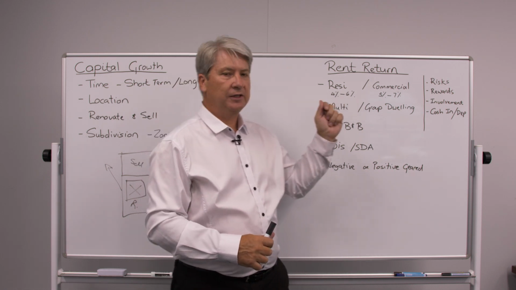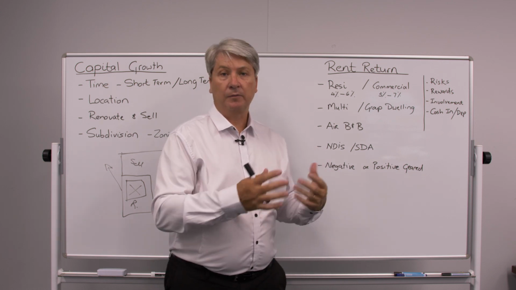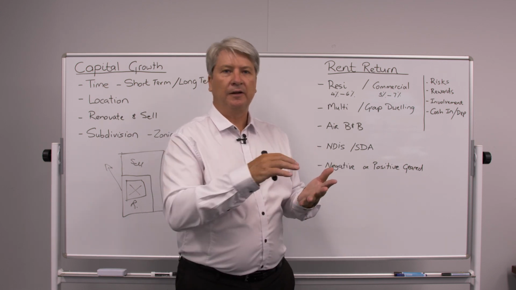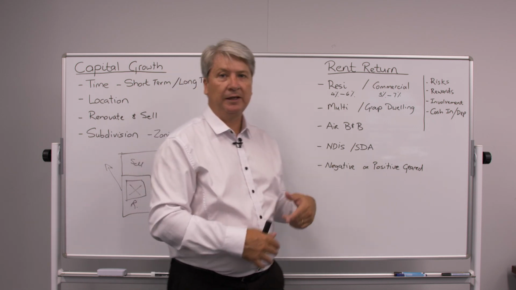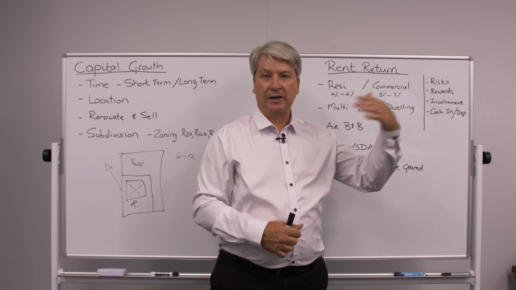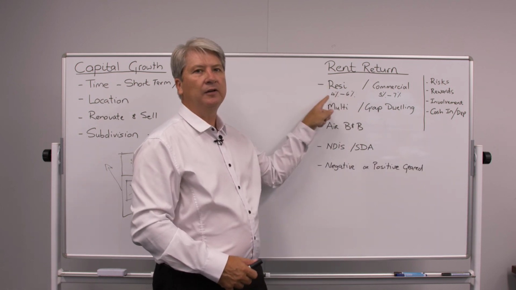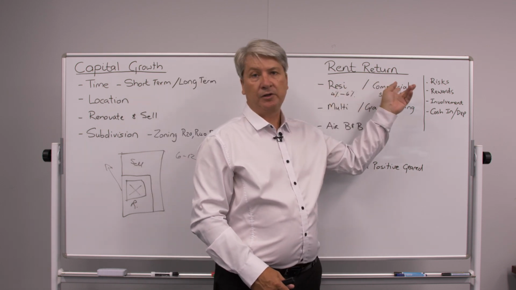That's why I say 4 to 6%, which means about $25,000 to $28,000 a year rent return. But then you've got to deduct the rates and taxes, the property management fees, and some costs. Yes, you could possibly negative gear and receive some money back as a tax incentive, but ultimately it's not a very lucrative option. That's why some people decide rather to invest in commercial properties.